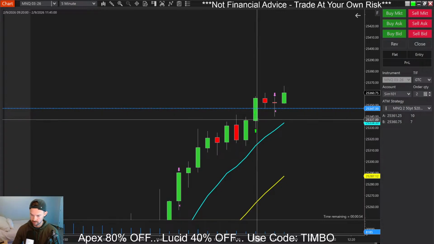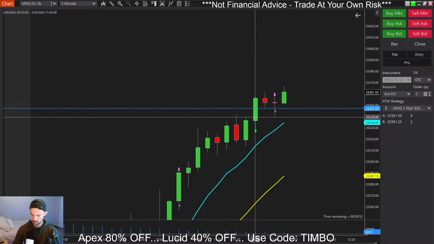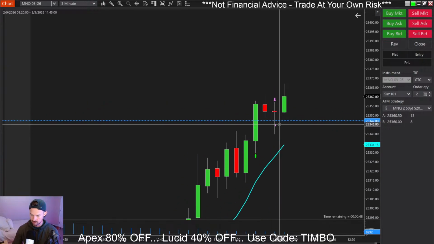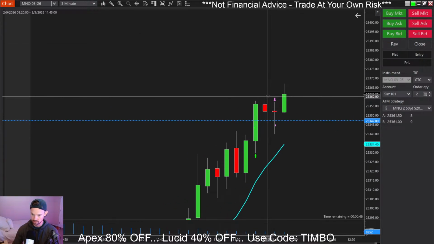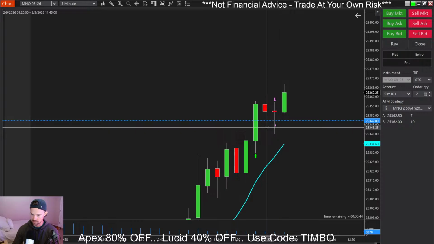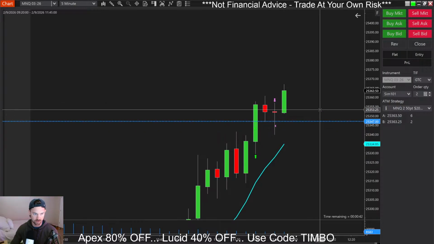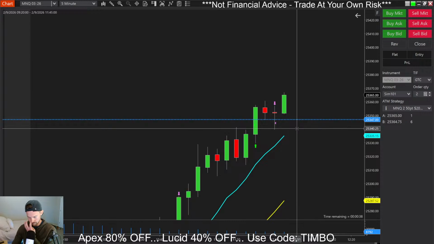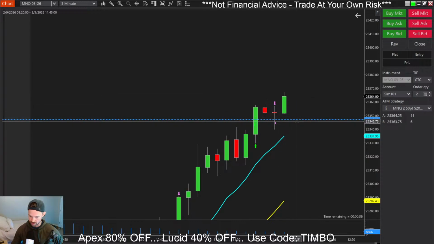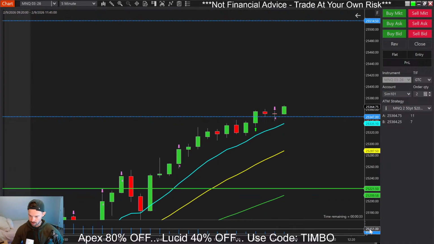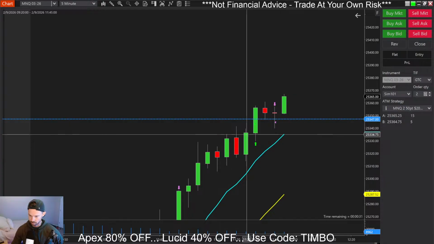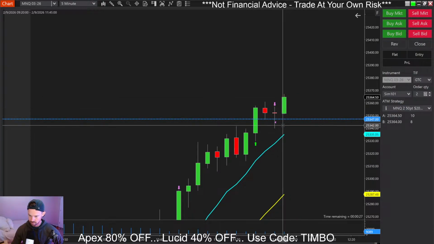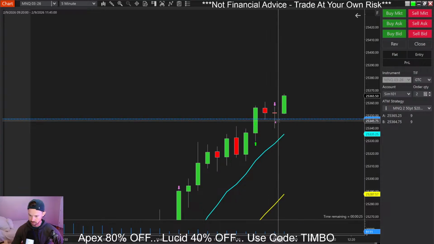It was kind of like a red to green move on this 5-minute, just anticipating a break of this level, and I wanted it to push, but they wanted to bring it back, so I just went break even on it just because I'm already green on the day, so just kind of in more protection mode. But usually I wouldn't do that right away. I would give it room to breathe, and I would have my stop down here. But just since I'm already green on the day, I got a little bit tighter with it.